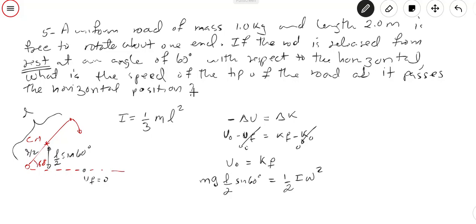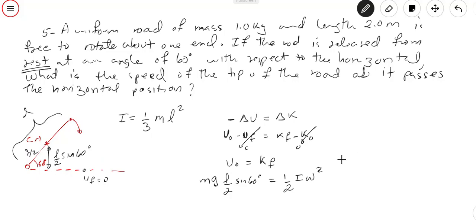The problem says the uniform rod is rotating with respect to the horizontal, right? Now we have to calculate this angular velocity over here. Sorry, I got lost for a second. We have to calculate it because we want to know the speed of the tip of the rod when it passes through this position. So basically what we want to do now is to calculate the angular velocity.